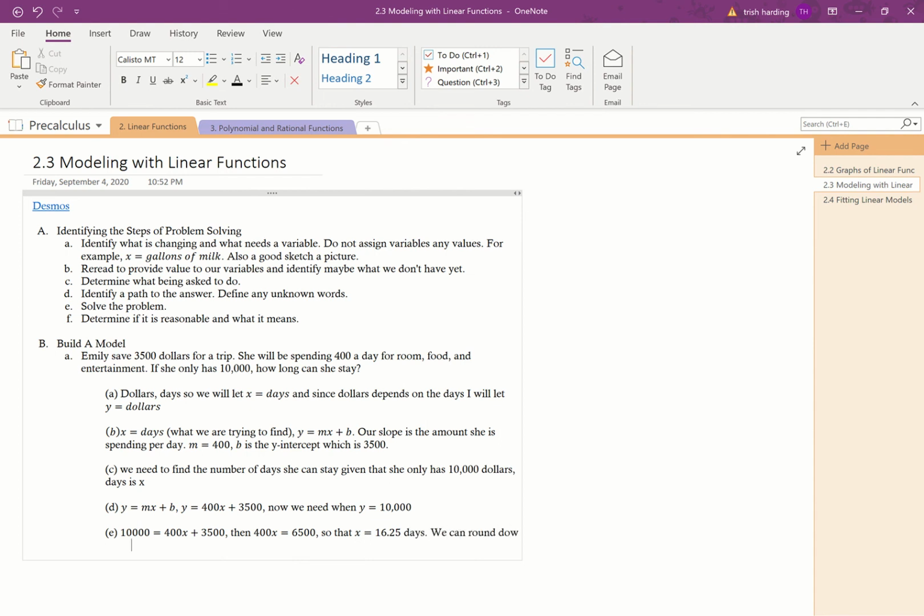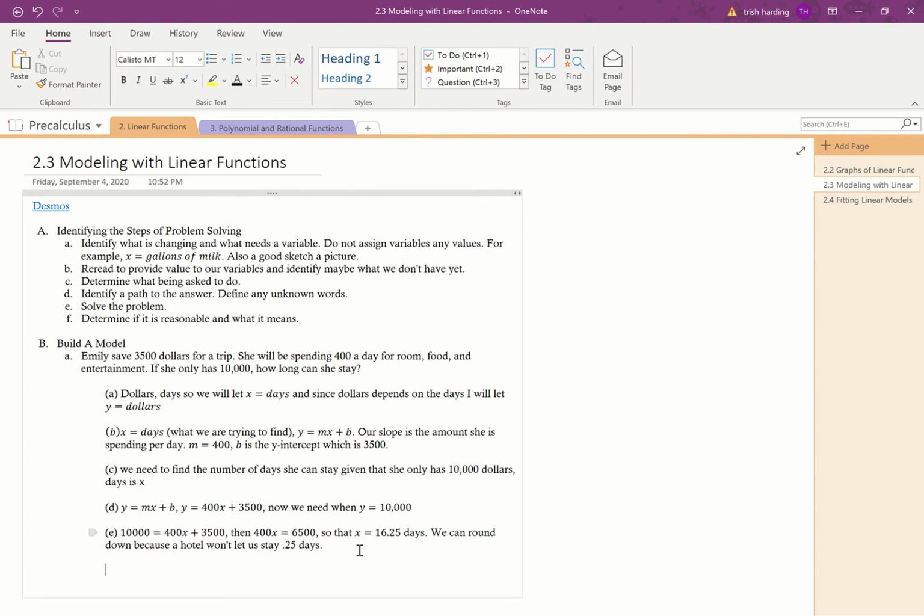We can round down because a hotel won't let us stay 0.25 days. I don't really even know what that means. So we would round down no matter what it is. Even if it's 16.9999, we would still round down to 16 because there's that small portion of that day that she would not be able to pay for.